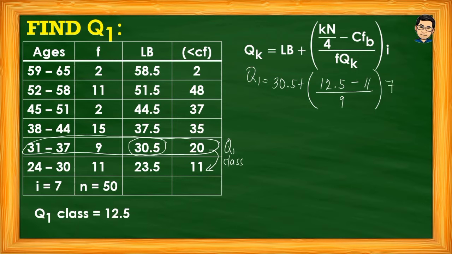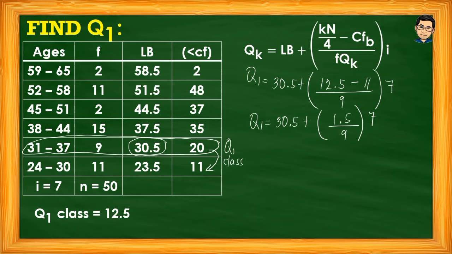So saka lang po tayo magsisimplify. So Q sub 1 is equal to 30.5 plus, so 12.5 minus 11, that is 1.5 over 9 times 7.